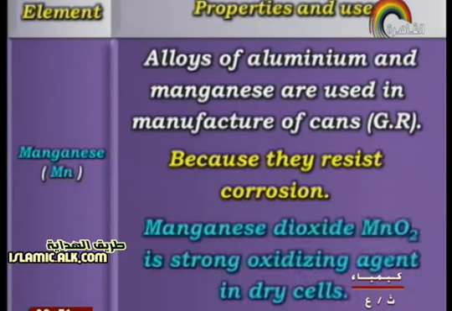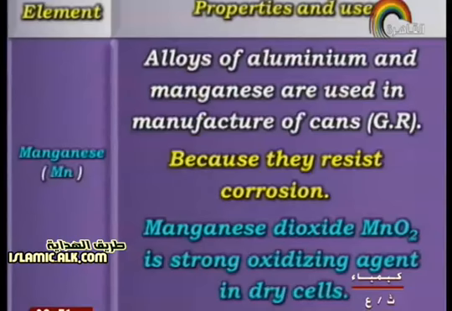Then manganese dioxide is another use for a manganese compound. Manganese dioxide is used as a strong oxidizing agent in dry cells. So we took manganese dioxide as an oxidizing agent, and we also took potassium dichromate as an oxidizing agent.